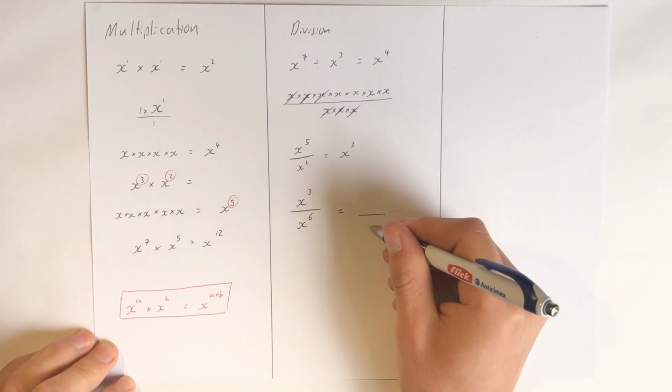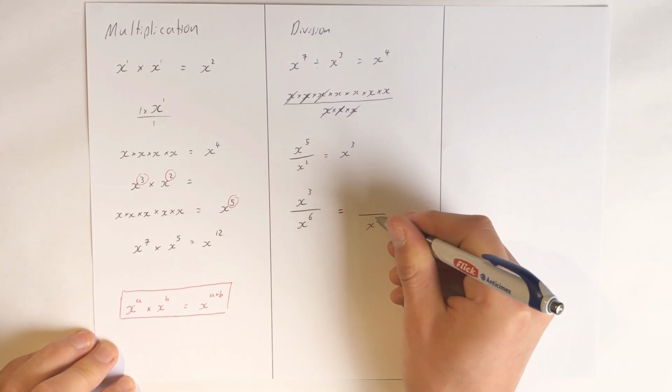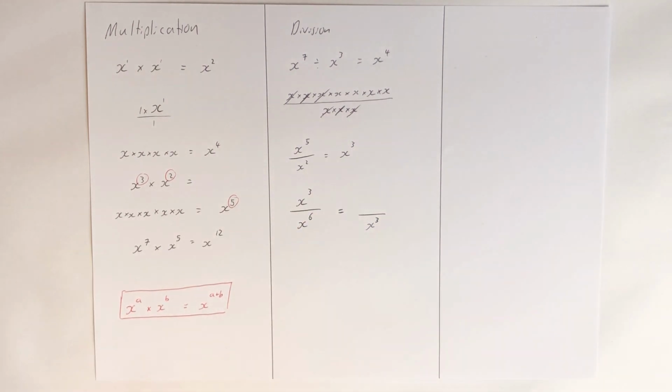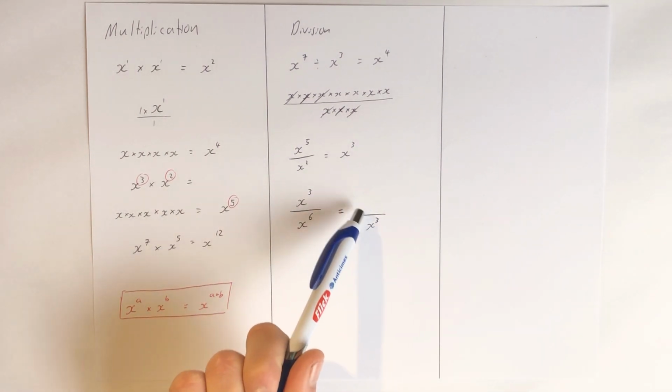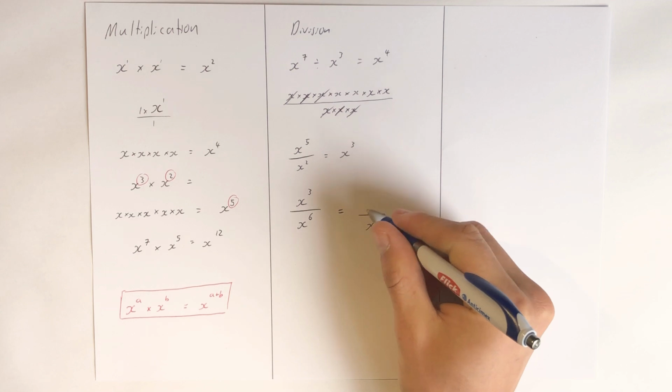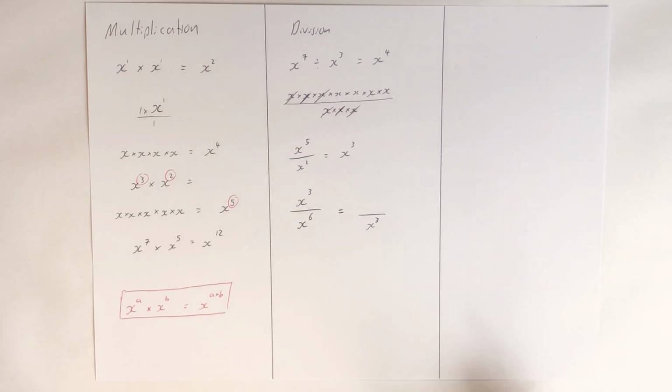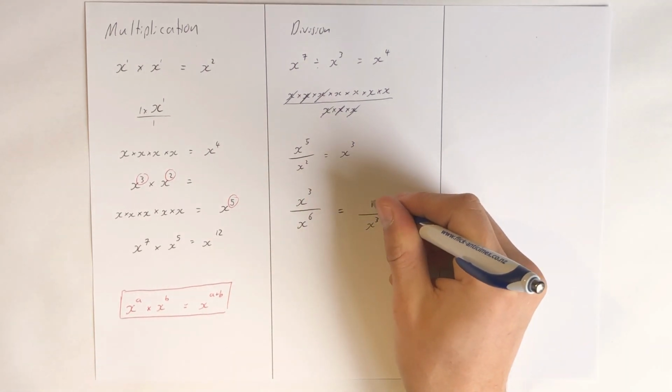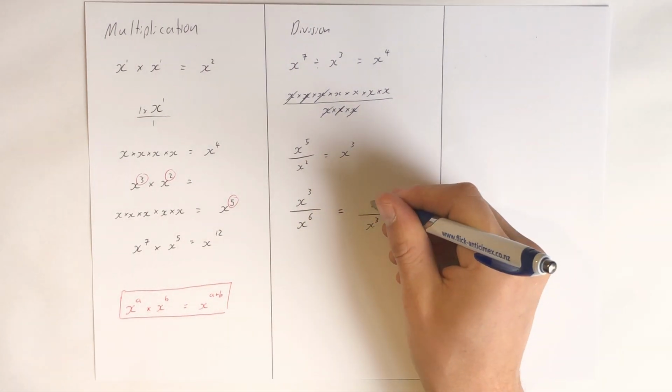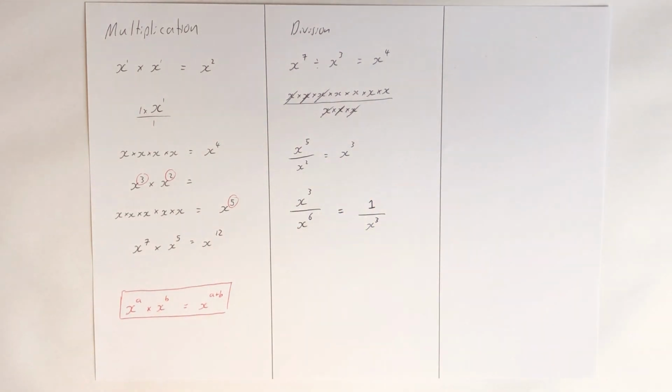And how many more? Well, I'm going to have x cubed on the bottom. And then I'm wondering, well, what do I put on top? Because if I put 0 on top, well, that's just 0, isn't it? And I don't have 0. I have x cubed on the bottom. And what I put on top is a 1. So it's 1 over x cubed.